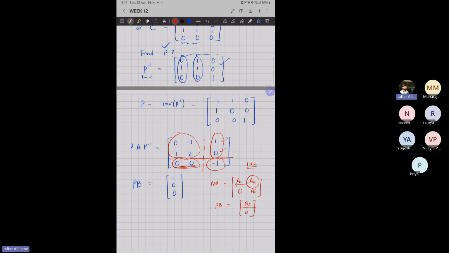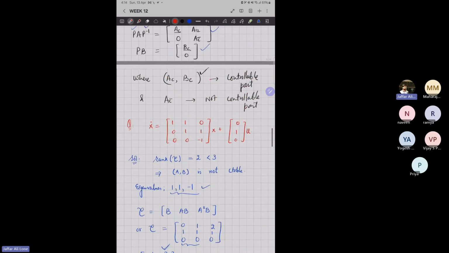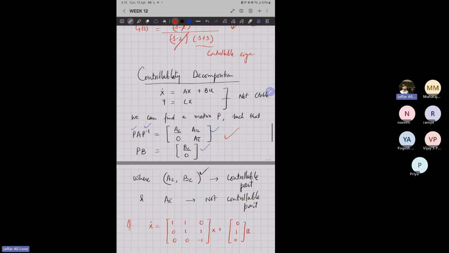The number of rows in BC should be exactly equal to the number of rows of AC. So my BC is 1 comma 0, and here is the 0. So I found it. I did this transformation: I found a P matrix such that my system is converted into this form, AC, A12, 0, AC bar, BC and 0.